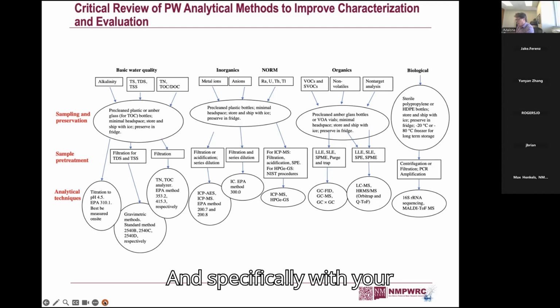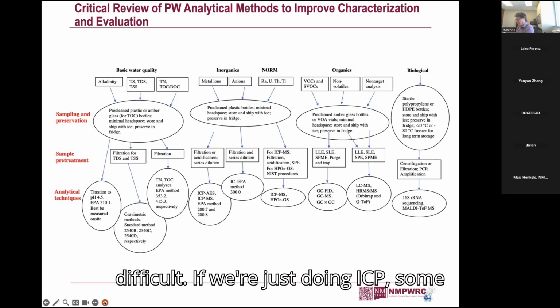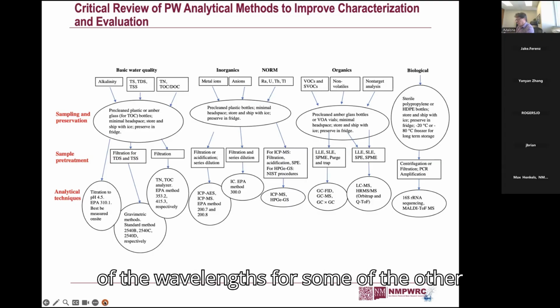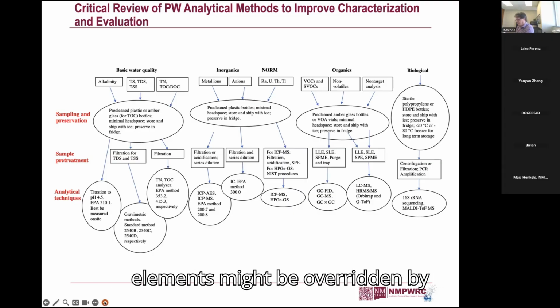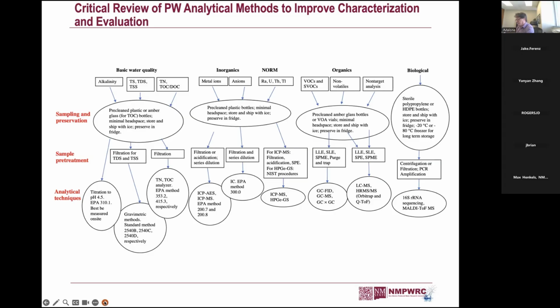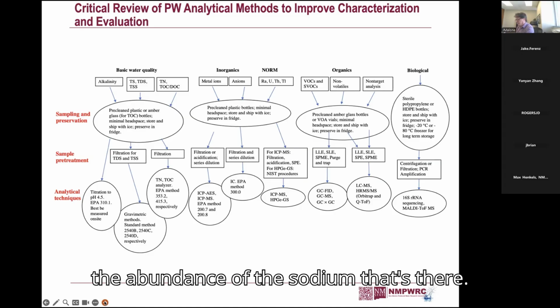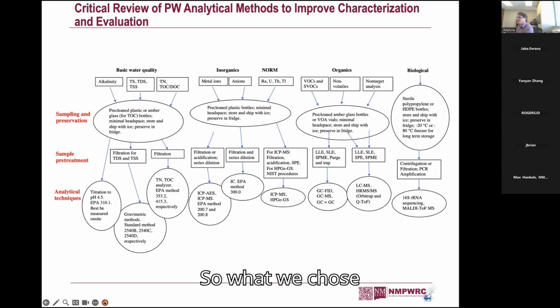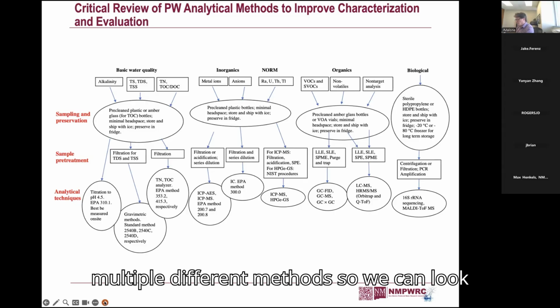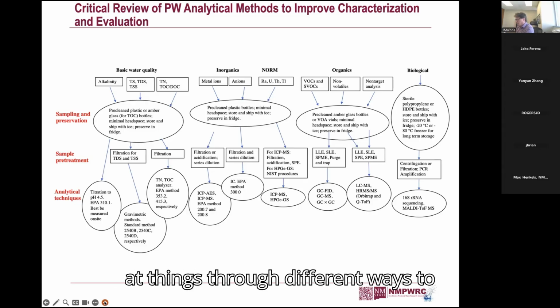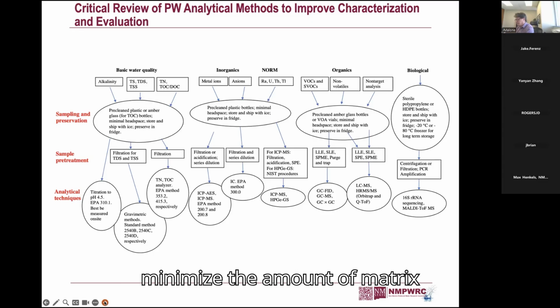And specifically with your ICP-MS, it's very difficult. If we're just doing ICP, some of the wavelengths for some of the other elements might be overridden by the abundance of the sodium that's there. So what we chose was multiple different methods so we can look at things through different ways to minimize the amount of matrix interference.